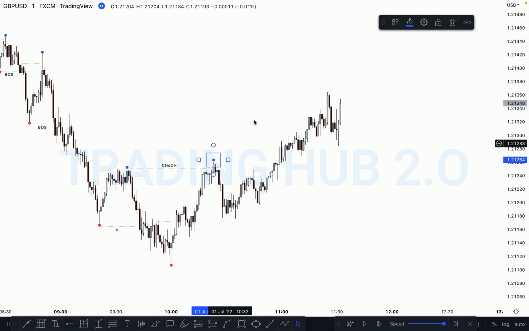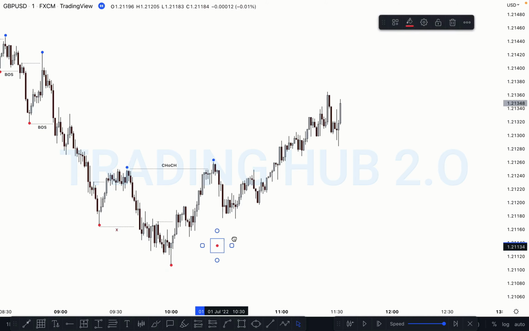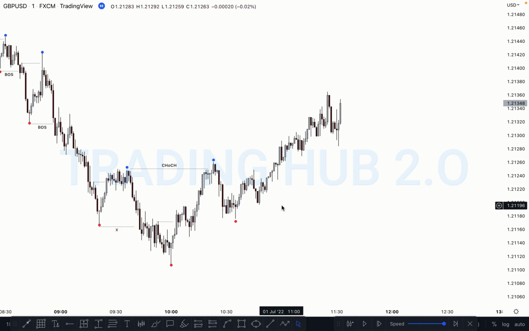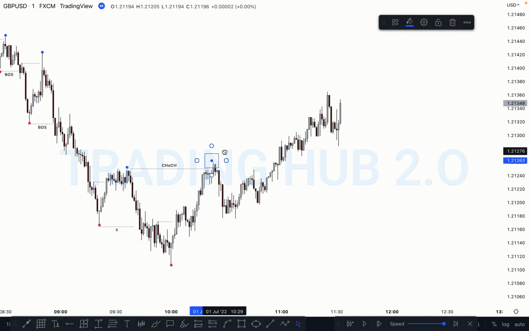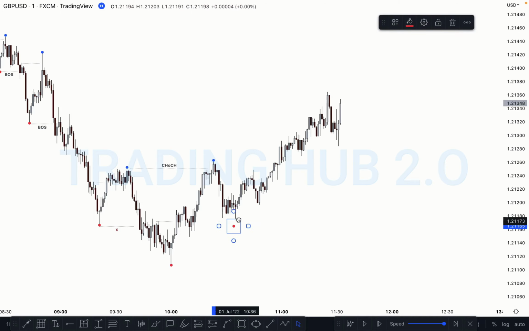First high is here, higher high is here, correct, and higher low is here. So first high, higher high is here, and this one is the first higher low, right. Why this one?